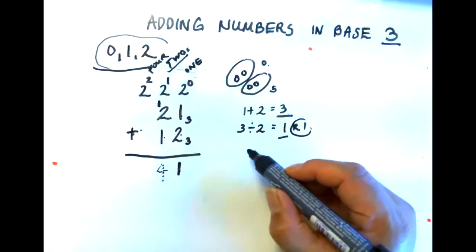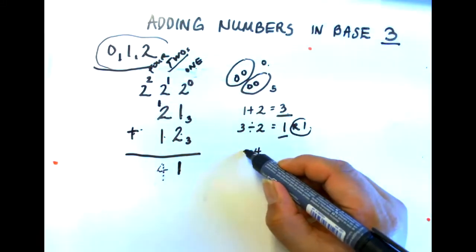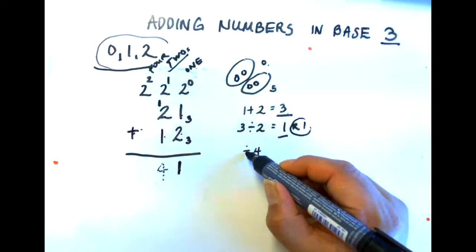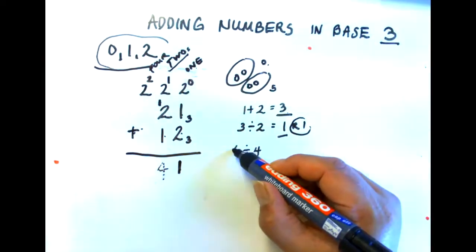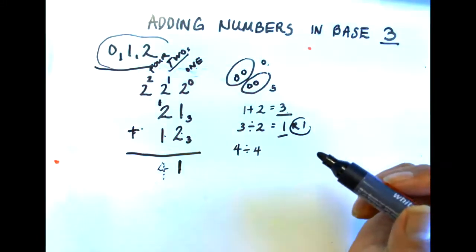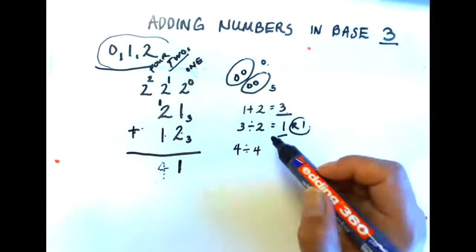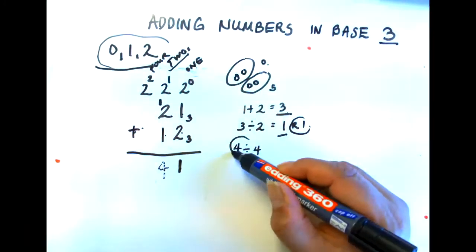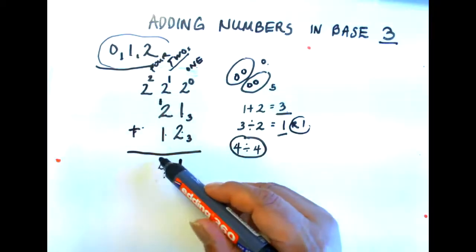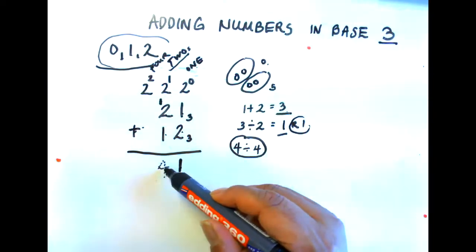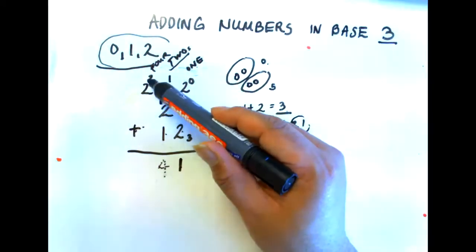Let me correct myself in here. 4 here means two groups of 2.